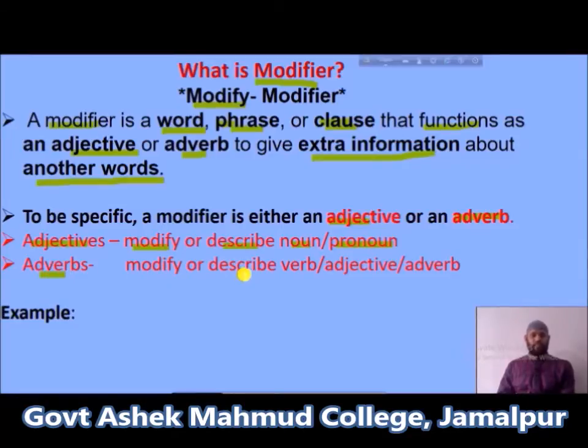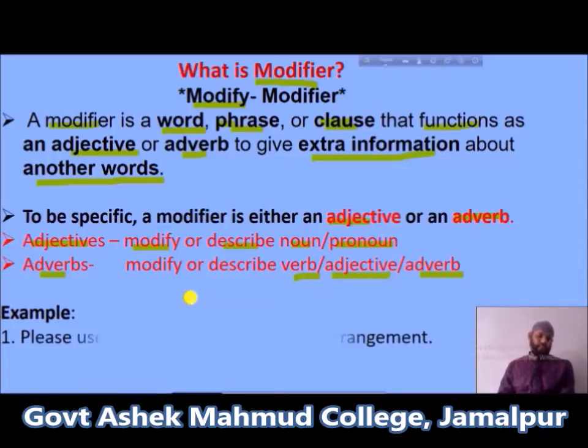Adverb modify or describe verb, adjective, or another adverb. That means if we want to modify a verb or if we want to modify an adjective, we must use adverb. Okay, so adverbs describe verb, adjective or adverb.